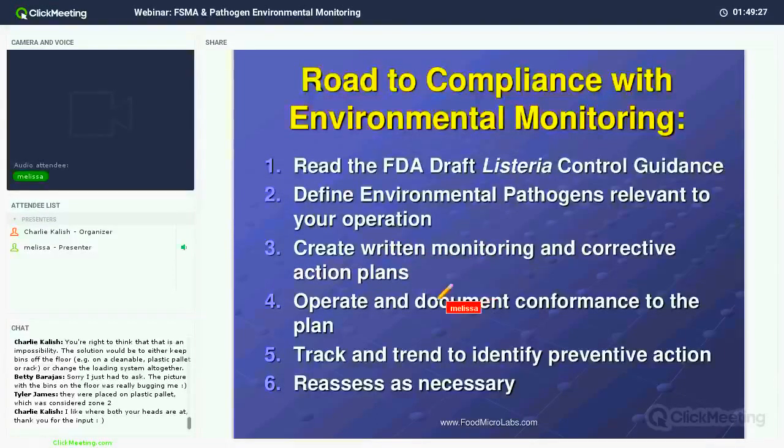You want to create written monitoring and corrective action plans, and make sure you operate in conformance to your written plan, and that you look at the sums of data and trend information. And what they say in their document is to make sure that you reassess routinely to verify the adequacy of the program.